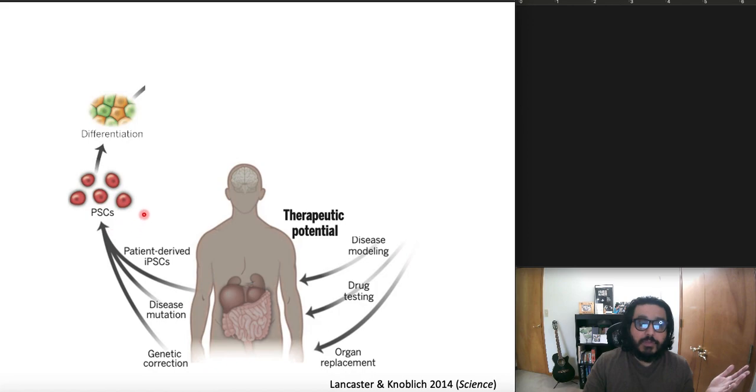Once you have that, you have this new source of stem cells that came from a person. You can then re-differentiate them into whatever cell type you want, into any kind of organ or tissue. So even if they came from the skin, you could potentially make them into a neural stem cell, or a kidney stem cell, or a cardiac stem cell, or a liver stem cell.